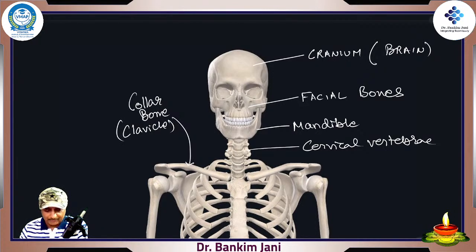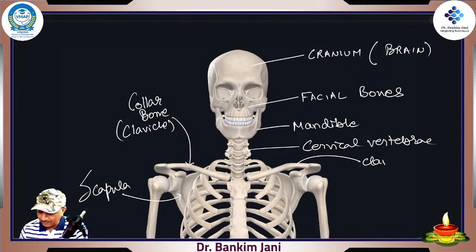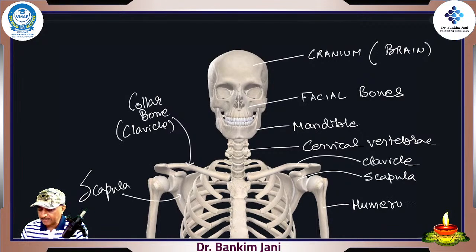So that's the clavicle. The clavicle is associated with another bone, which is also a flat bone. That flat bone is the scapula. We'll go into more detail of this. So over here, this is the clavicle, this one is the scapula, and this one is the humerus.